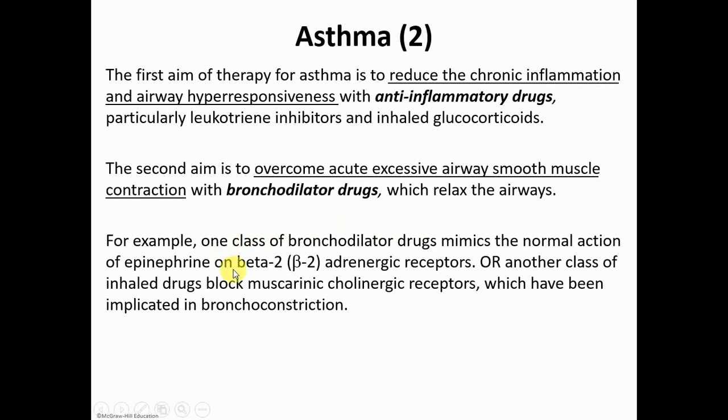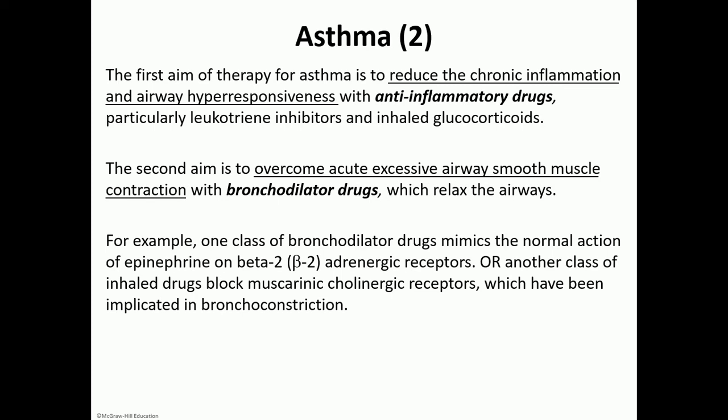So we're basically increasing the stimulation by the sympathetic nervous system, which means you're dilating these bronchi. You're not actually stimulating the whole sympathetic system, but you're stimulating these receptors, mimicking the effect of epinephrine on these beta-2 receptors, and that leads to bronchodilation.